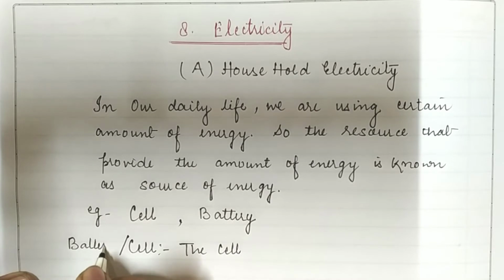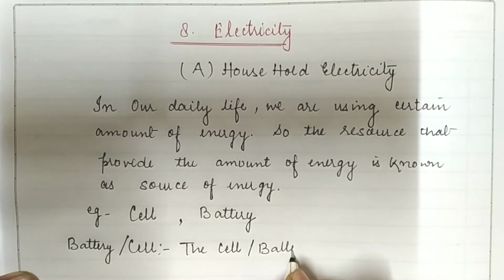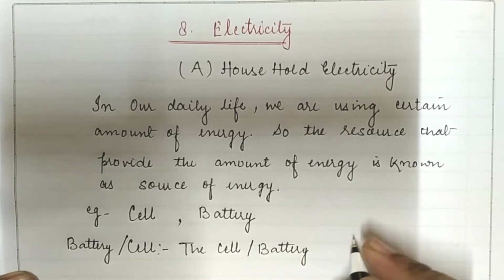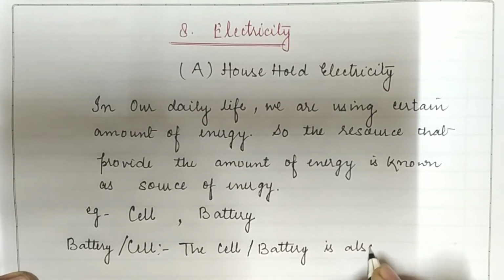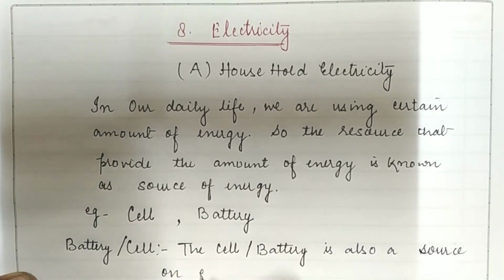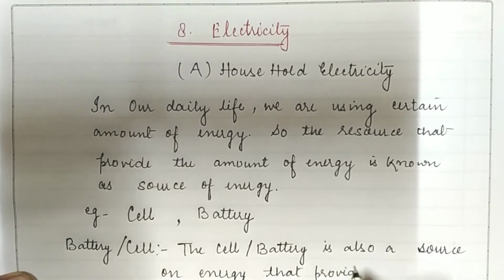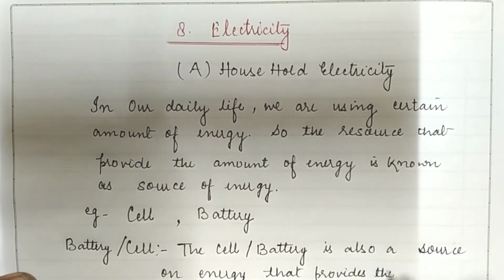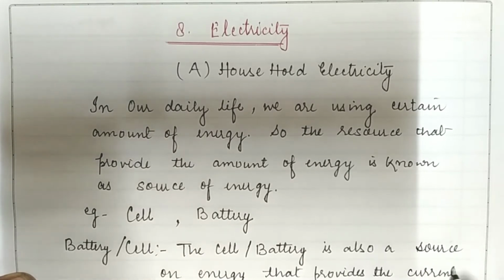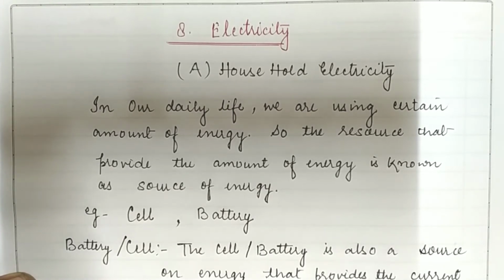The cell or battery is also a source of energy that provides current which remains constant, meaning it is not going to change. It remains constant with respect to time.